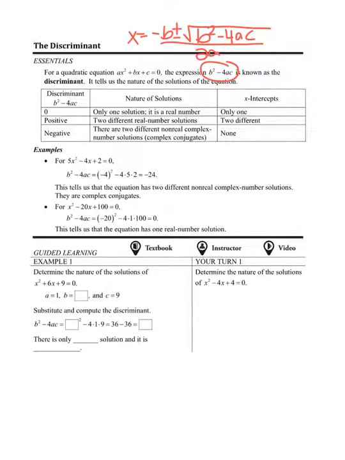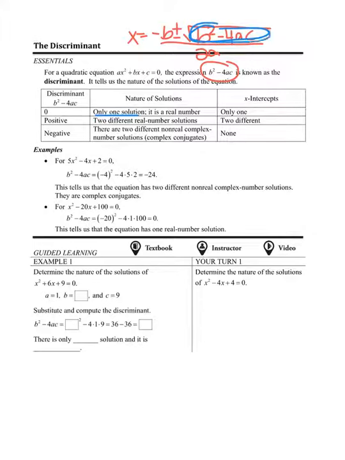So the discriminant is this part under the radical. If under the radical you get 0, the square root of 0 is 0. So it would be negative b plus 0, negative b minus 0, which is the same thing. And so that's why there is only one solution, and there's only one x-intercept. So your solutions are your x-intercepts.